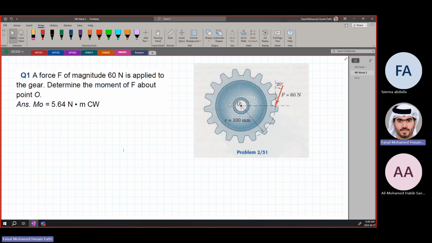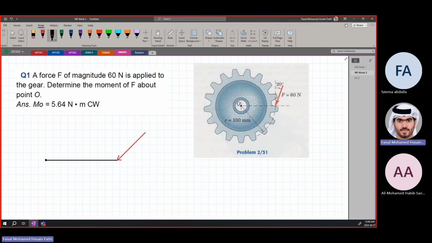All right? Now, to draw it, we are going to look at what is given. We are given the point O in the middle here, and then a distance over here is given. And we have the force being applied in this way.